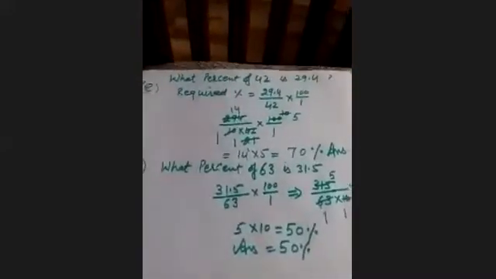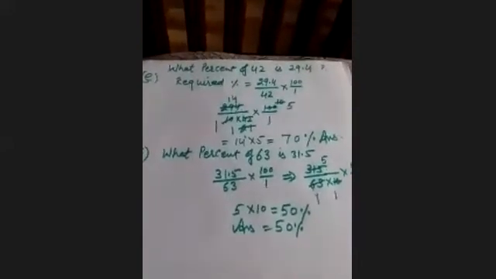Now students, 63 times 5 is 315. Here we write 5. Now we have 5 into 10 is equal to 50%. So our answer is 50%. Clear students? This is the last part of question number 7.